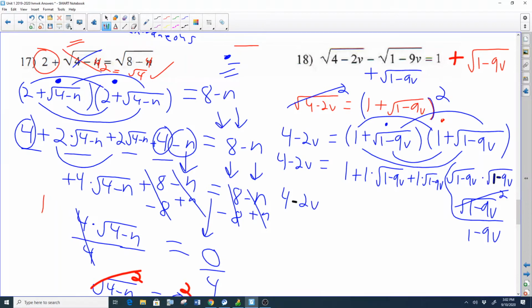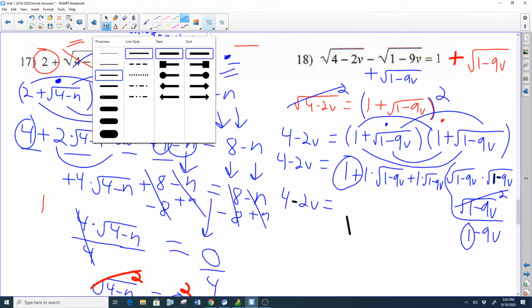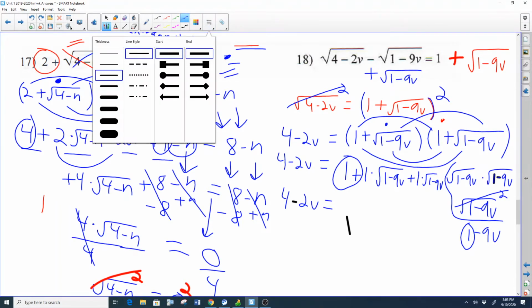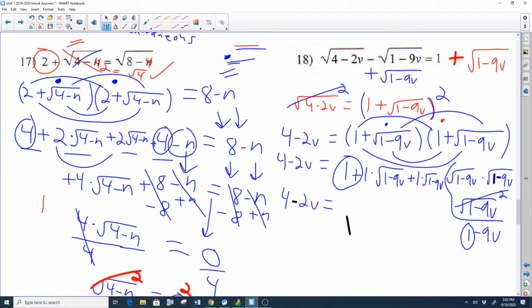Minus 2v equals. Okay, so now we have this one. I'm actually going to do some combining now. I have this one with this one, so that's going to be a 2. So 1 plus 1 is 2.